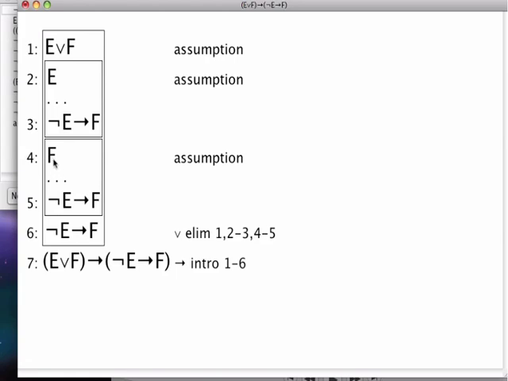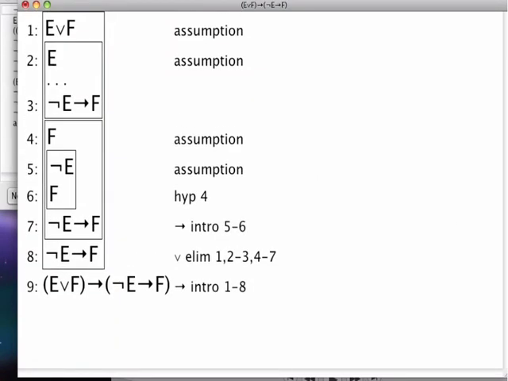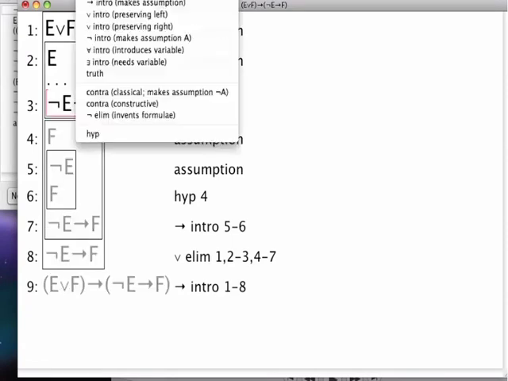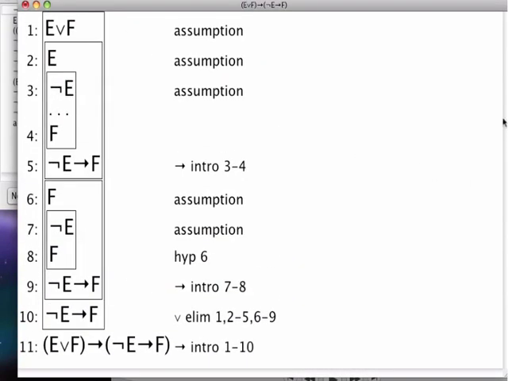And then I could go down here. Now we see, okay, from F I need to show not E implies F. It should be obvious, but basically we have an implication here, so we do the not introduction here. That was that part, and the same here, I can do a not introduction. Now we're almost done.